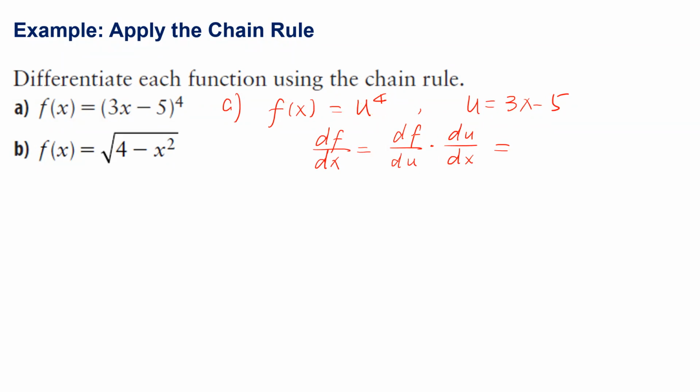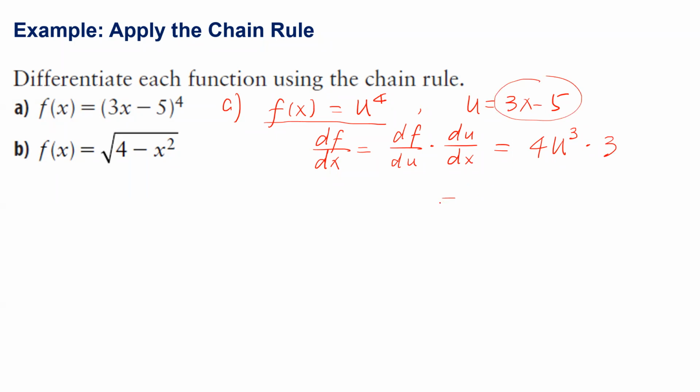So let's consider what is df by du. df by du is the derivative of f(x) with respect to u. Therefore, that is actually 4 times u to the power of 3. Then times du by dx. So that's the derivative of u with respect to x, which gives us 3, because the derivative of this function with respect to x is 3, right?